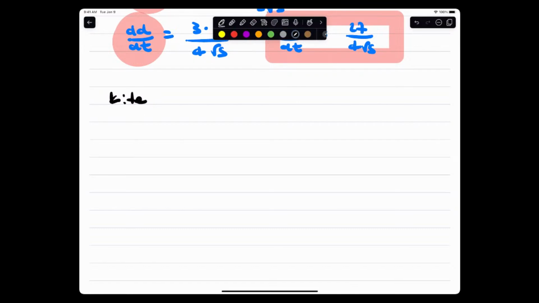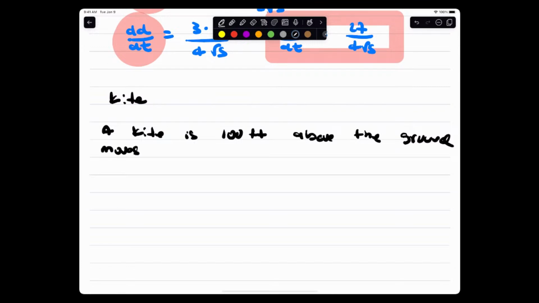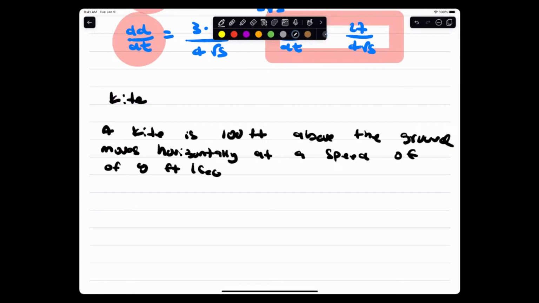It moves horizontally at a speed of, that's the same as a rate, 8 feet per second, okay?